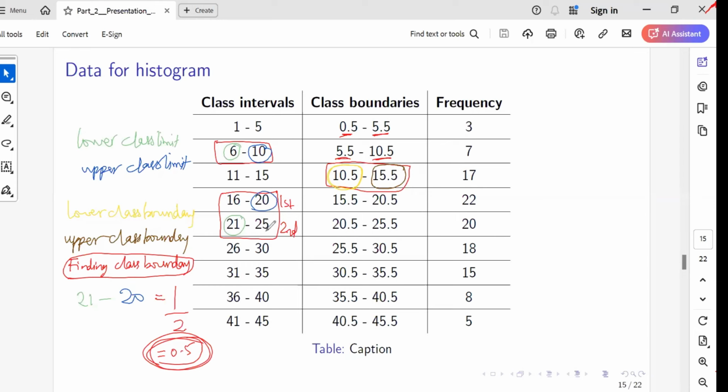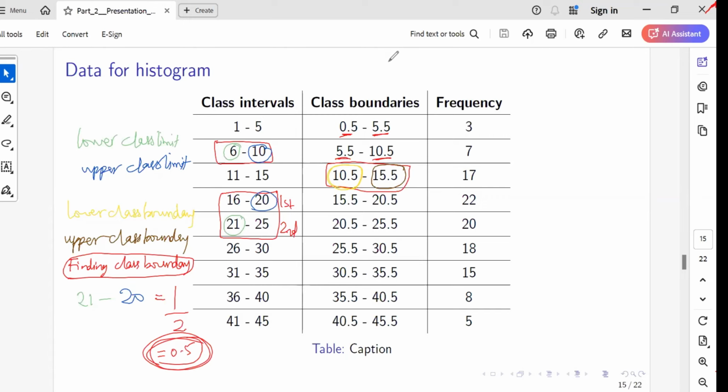Look at the final one: 41 minus 0.5 is 40.5, then 45 plus 0.5 is 45.5. If I apply this, I can fill up my class boundaries. All right, now that we know our class boundaries, you want to move on to draw a histogram.